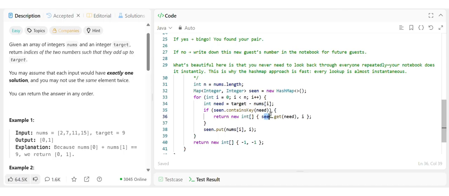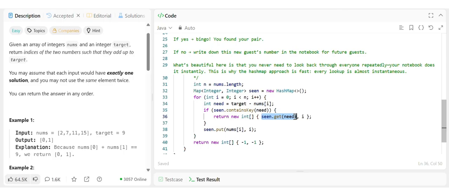So we will open the notebook, see if there is a person whose number was need. If it was need, we will return the position of that person. seen.get(need) will return the position of that number.